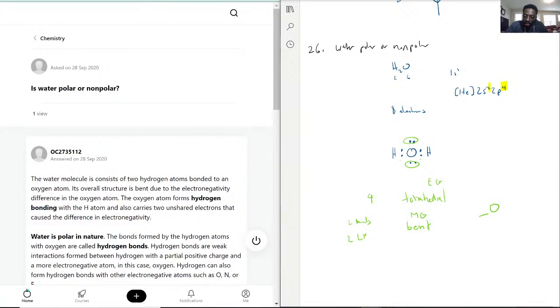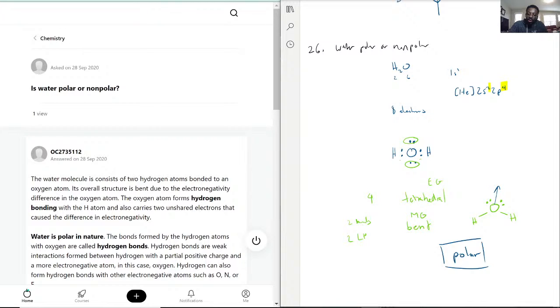Alright, and because it's like that, water actually has a directionality this way, where the lone pairs are pointing, because that would be the molecular geometry of it. So water, because of those lone pairs, is a polar molecule.